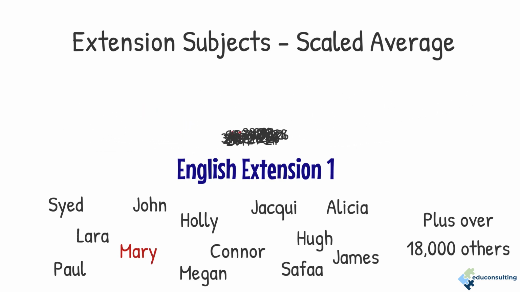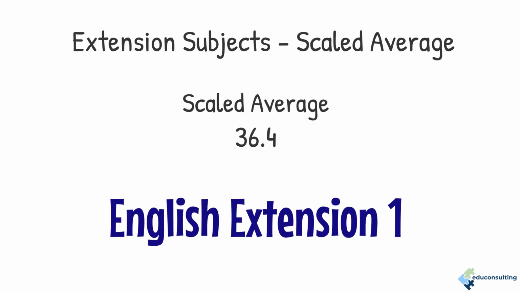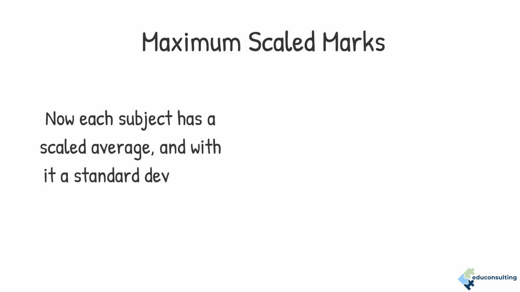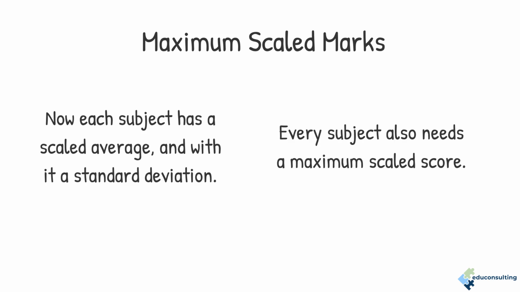And whatever the average of those results from Advanced English is, that becomes the scaled average score for English Extension 1. And now each subject has a scaled average score and with it a standard deviation. So all we need now is to calculate the maximum scaled score available for each subject.